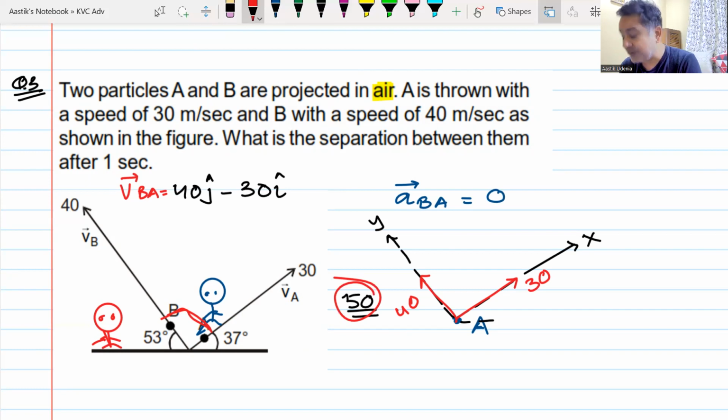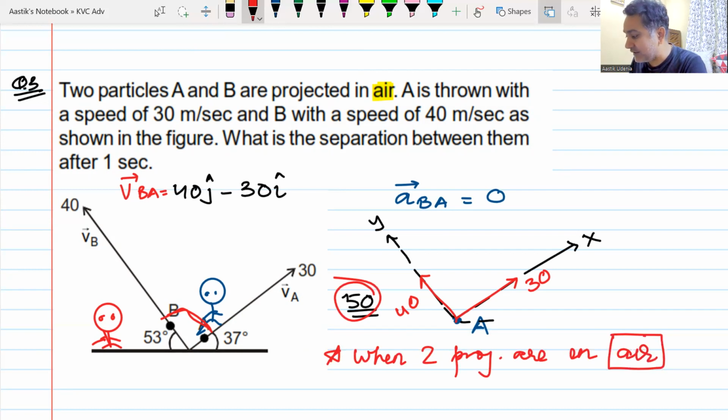The answer is 50. So what you need to understand as the important point from this question, and that is the reason why we did this question, is this: when two projectiles are in air, remember it is only valid when they are both in air. If one is on the ground and the other one is in the air, this doesn't work.